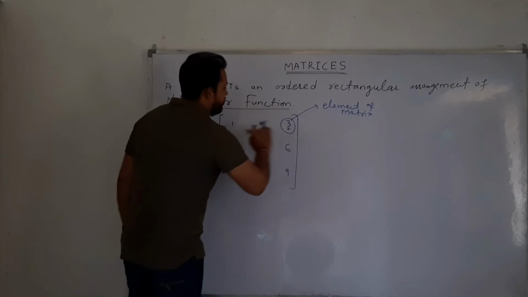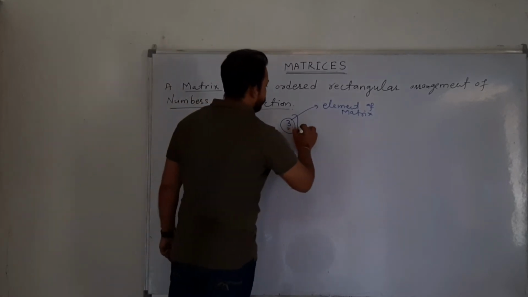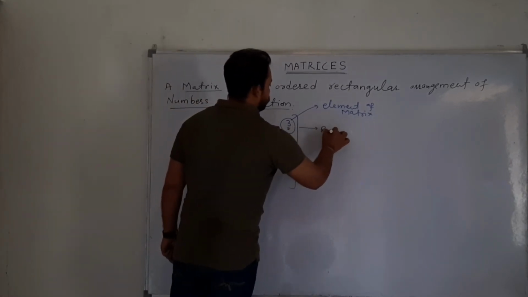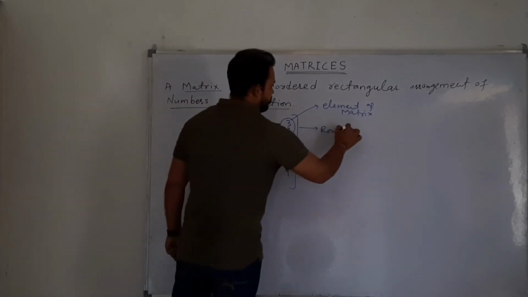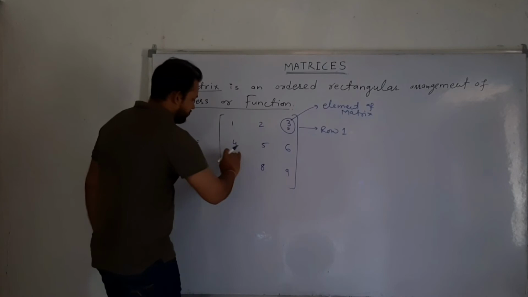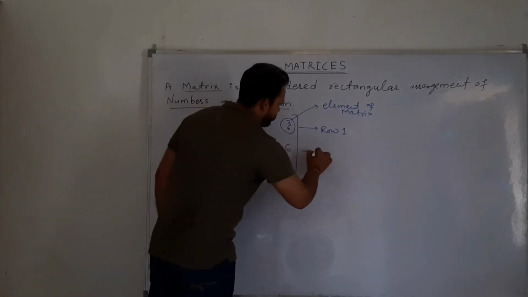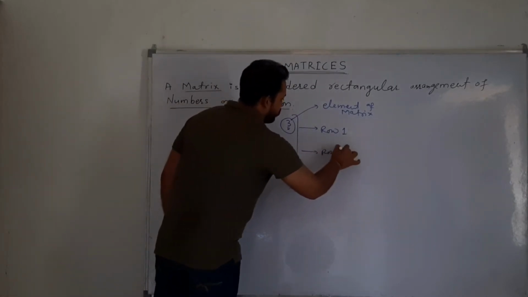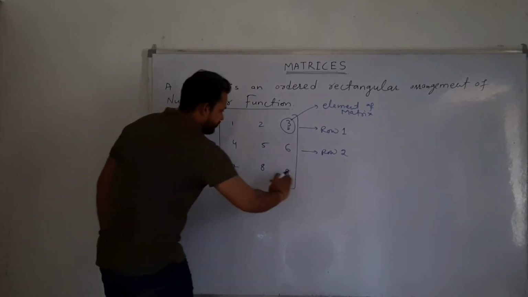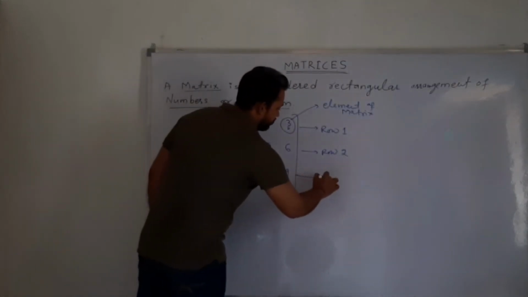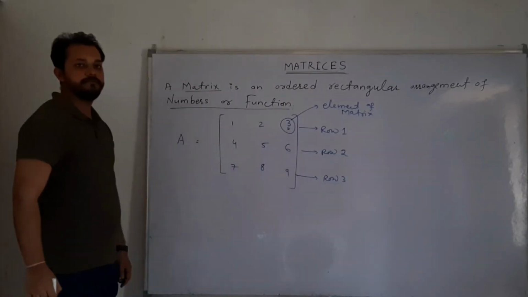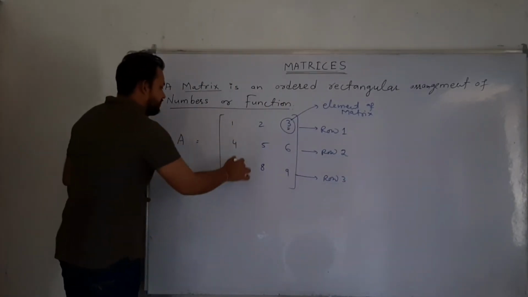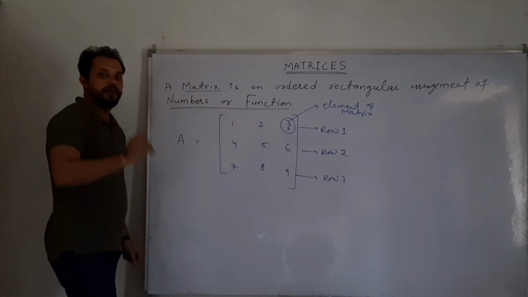These horizontal entries are called rows. This is the first horizontal line, so it is row 1. This is the second horizontal line, so it is row 2. This is the third horizontal line, so it is row 3. And vertical entries are called columns.